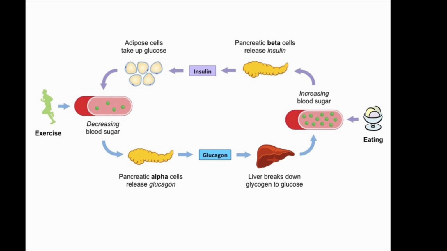Another example of a negative feedback mechanism is the control of blood sugar. So if we start from the left, exercise will cause a drop in blood sugar. This will stimulate the pancreatic alpha cells to release glucagon.